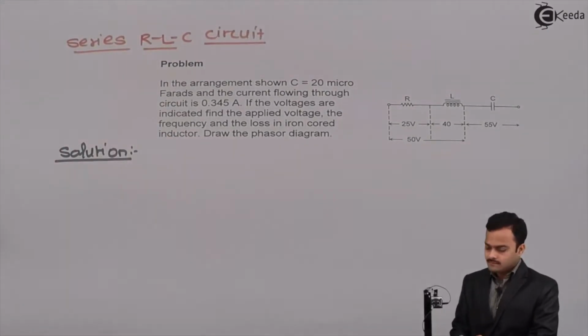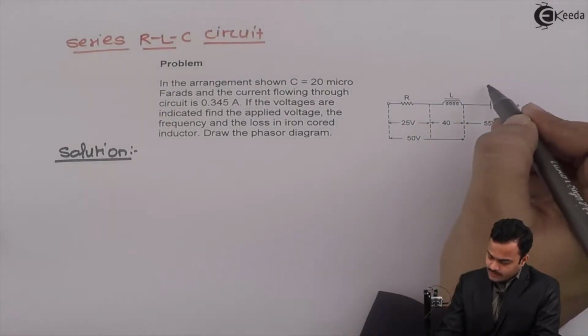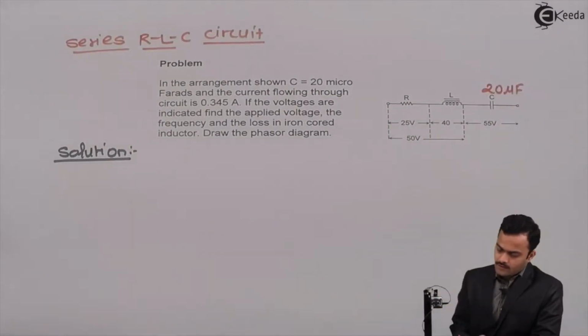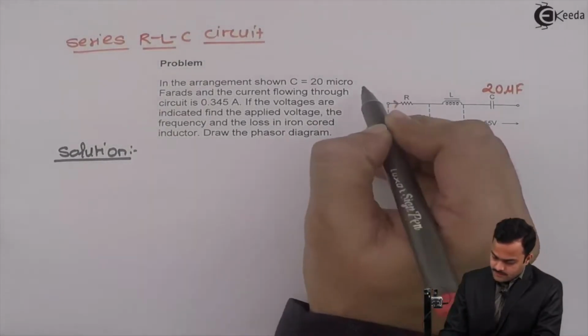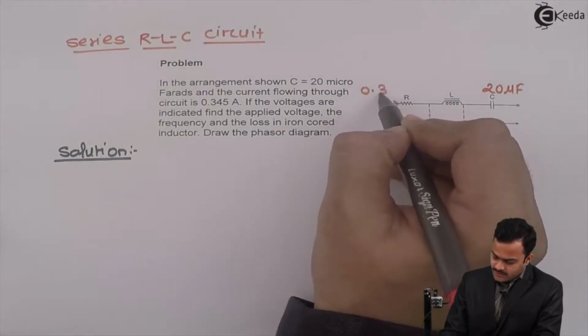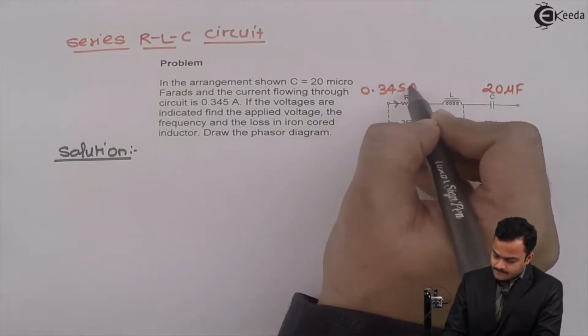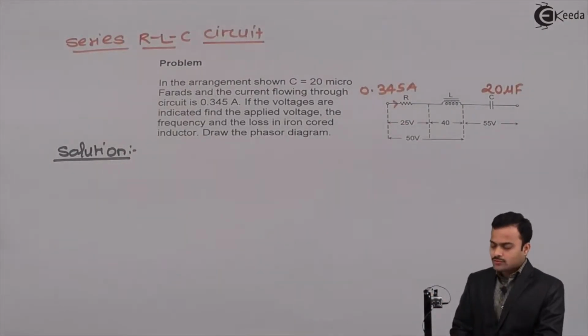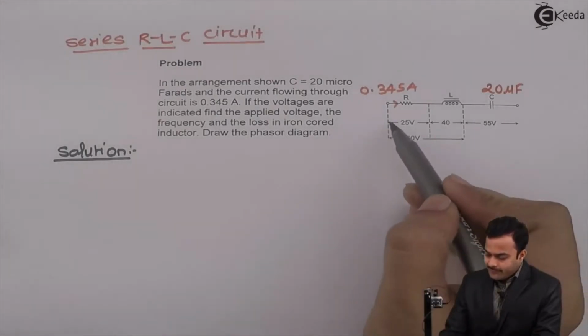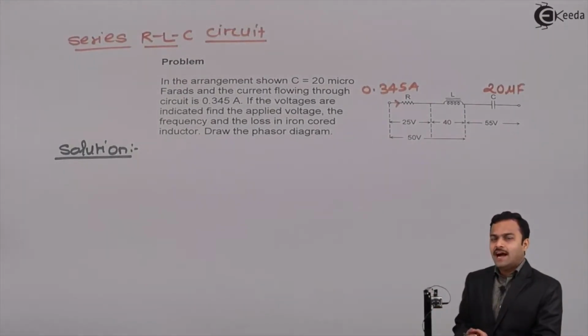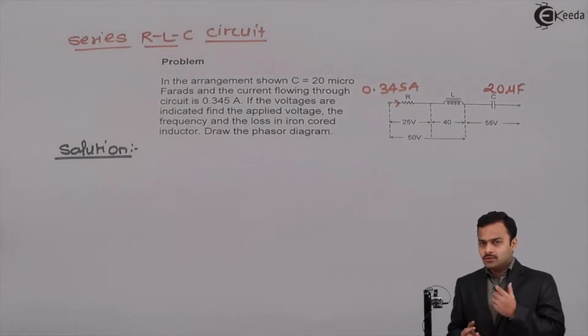So what they have given: this capacitor is of 20 microfarad and the current flowing through the circuit is 0.345 ampere. If I know the current and voltage of different parts of the circuit, I can get impedances of those parts.